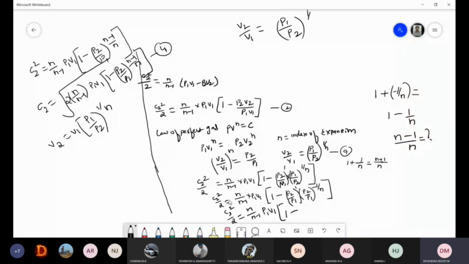It was written earlier; this is a continuation of that. Now V2 is equal to V1 P1 by P2 to the power 1 by n. Understand? Wherever we have V2, we can substitute this equation. Otherwise keep it as it is.